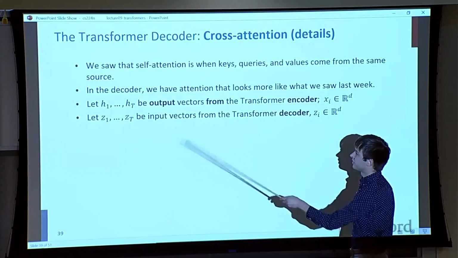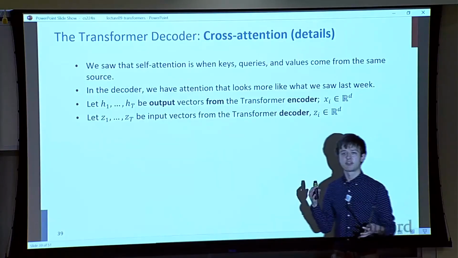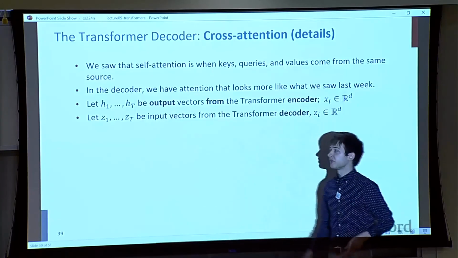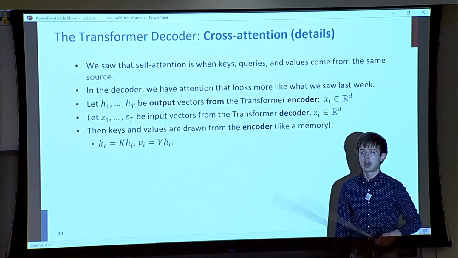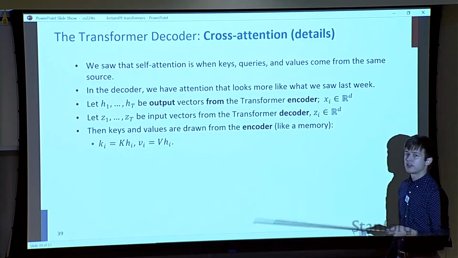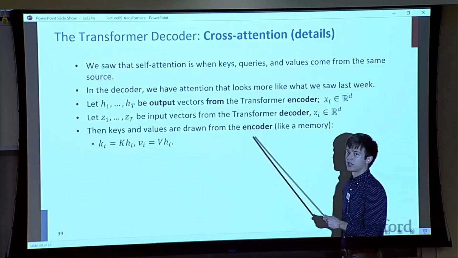Yeah, we've got our z1 to zt, and we're letting them be the same sequence length again, t and t, just for simplicity. These are also vectors zi in R^d, and then the keys and the values are all drawn from the encoder.